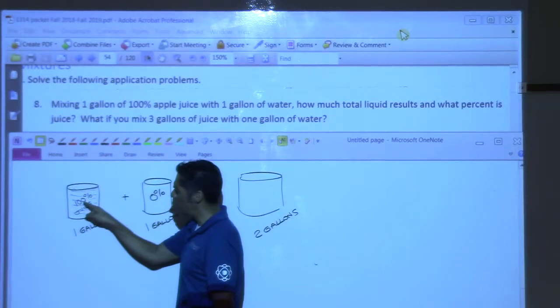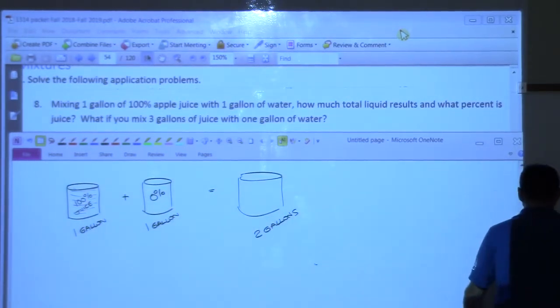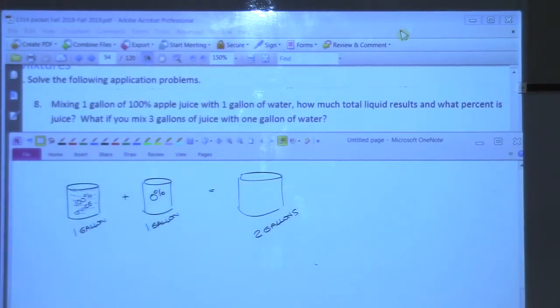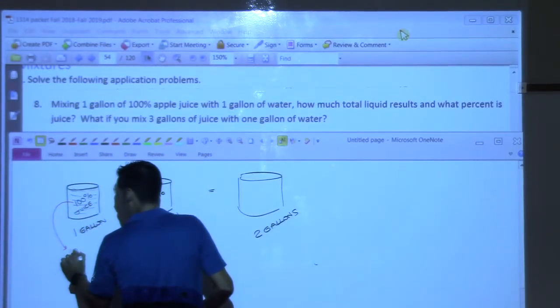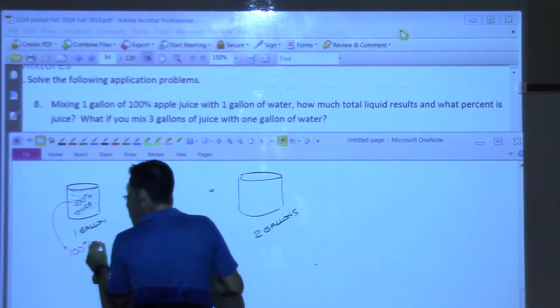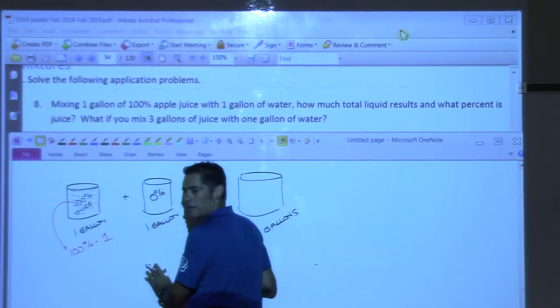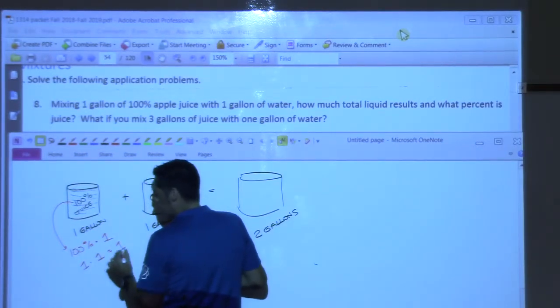What's 100% written as a decimal? 1. So we multiply 1 by the quantity we had here, 1 gallon, which is 1 times 1, which is 1.